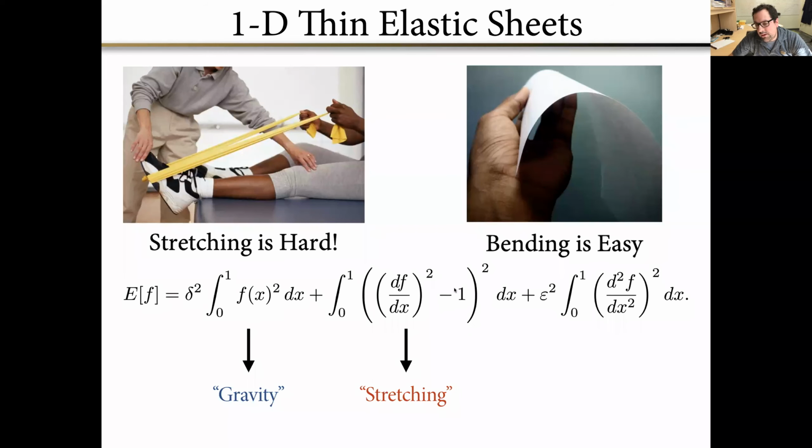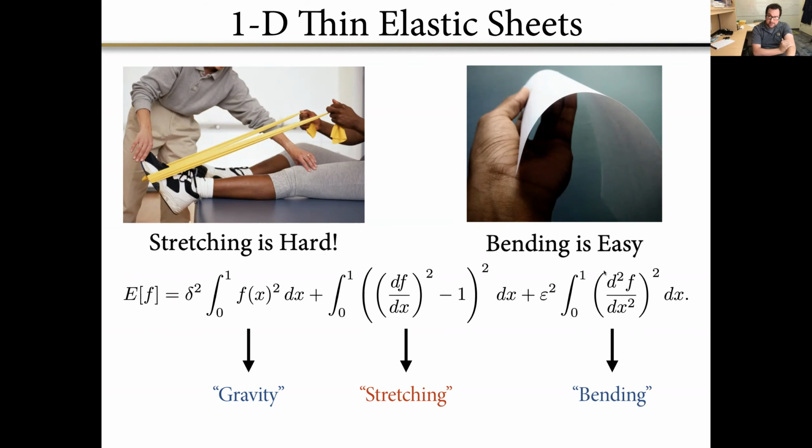And this -1 is a deviation from the lengths being preserved, per Pythagoras' theorem. So all this tells you is how far I am from actually being flat. Okay. This final term, which measures the second derivatives, is measuring the curvature of the sheet. And that's it. So that's the entire physical model of the sheet.